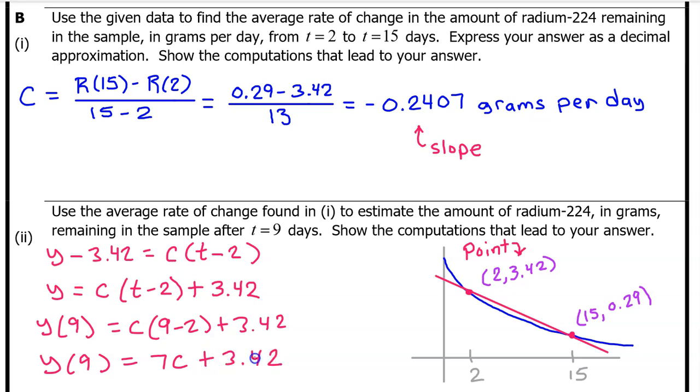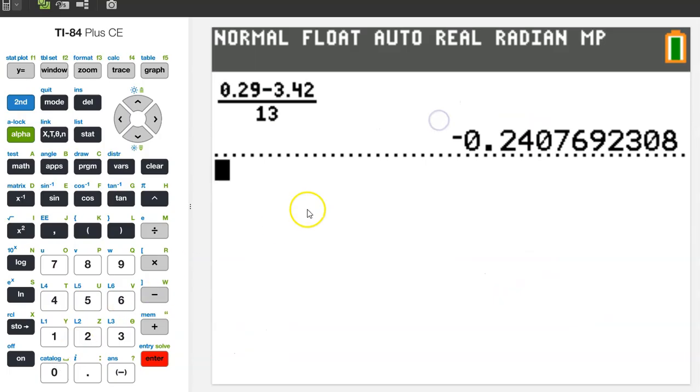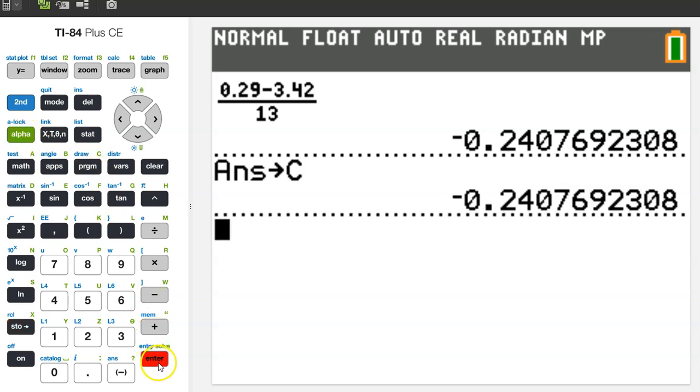Another reason we wanted to use the letter C instead of decimals is because we don't want to lose any accuracy, and this is a rounded value. We can avoid losing accuracy by storing the full value of the average rate of change as letter C on the calculator. So just hit store and then alpha C and enter.